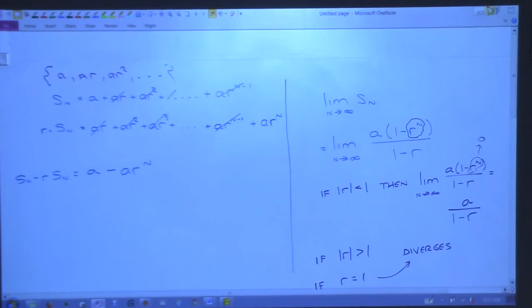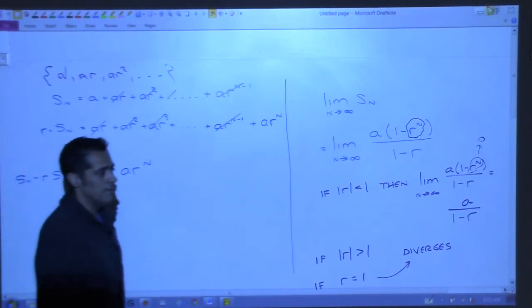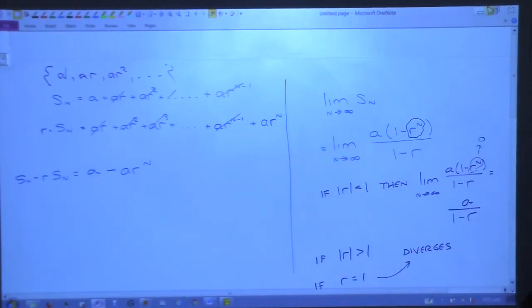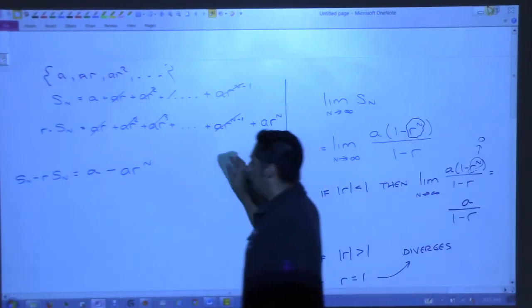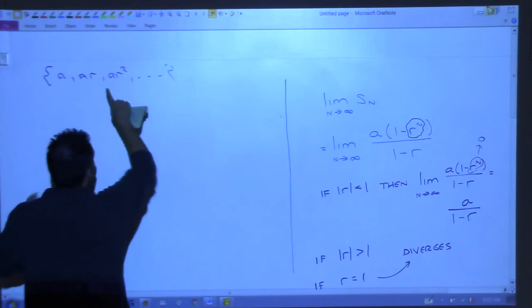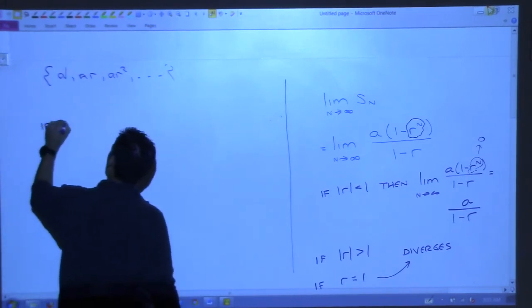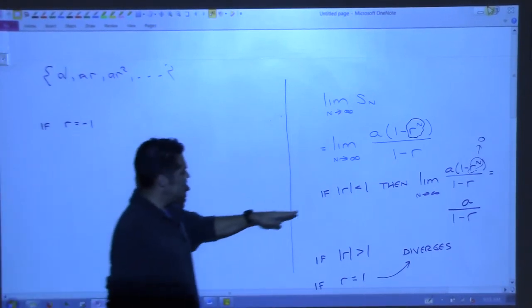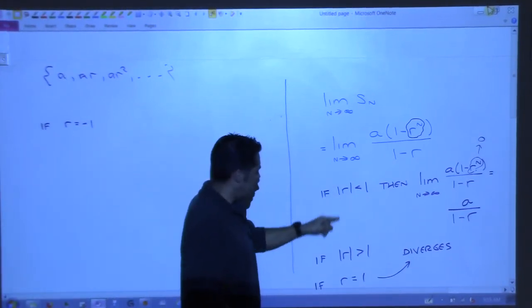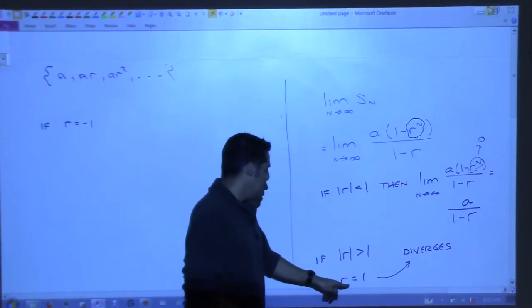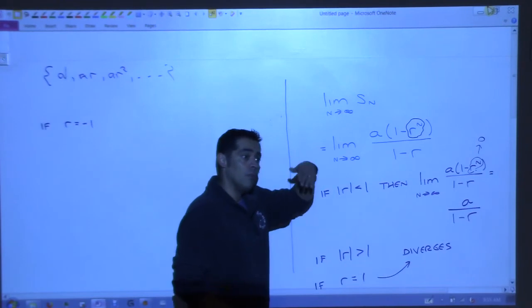Okay, so what about negative 1? What if r is negative 1? This is the most interesting case, actually, and we're not going to be able to really argue about it too much. But tell me what this would look like if r is negative 1. If r was 1, it would be a.